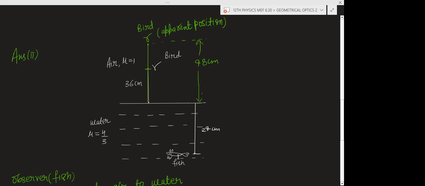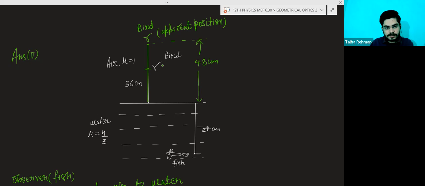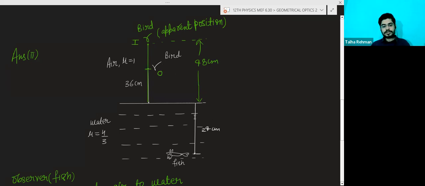48 plus 24. Why? Because this bird will appear here, not here. This is the object here, here the image will form. So you will see the image. So it will be 48 plus 24.